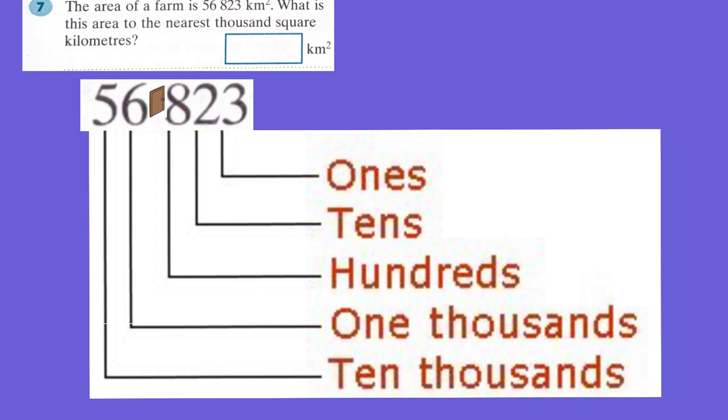Number 8 means that we must increase 6 to 7. And all the digits behind the door, 8, 2, and 3, just become 0, 0, 0. And so our answer will be 5, 7, 0, 0, 0.